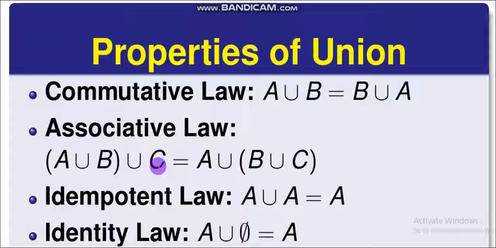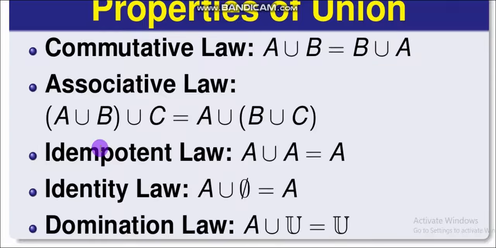So any one I take is correct. I can start with A and B, unite them together, then finally bring C. The result will be the same as uniting B and C first, then adding the result to A. They will be the same. Nothing will change.